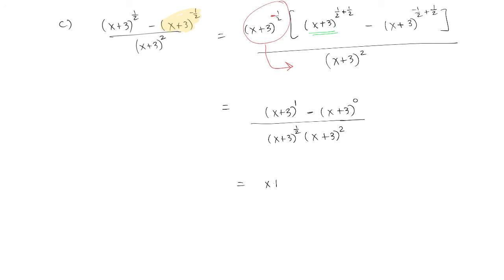So x plus 3 to the 1, that doesn't even need to have an exponent or parentheses. Anything to the 0 is just 1. And now I get to add my exponents here. So I would have x plus 3 to the 5/2. And then just clean that up a little bit. X plus 2 in the top, x plus 3 to the 5/2.